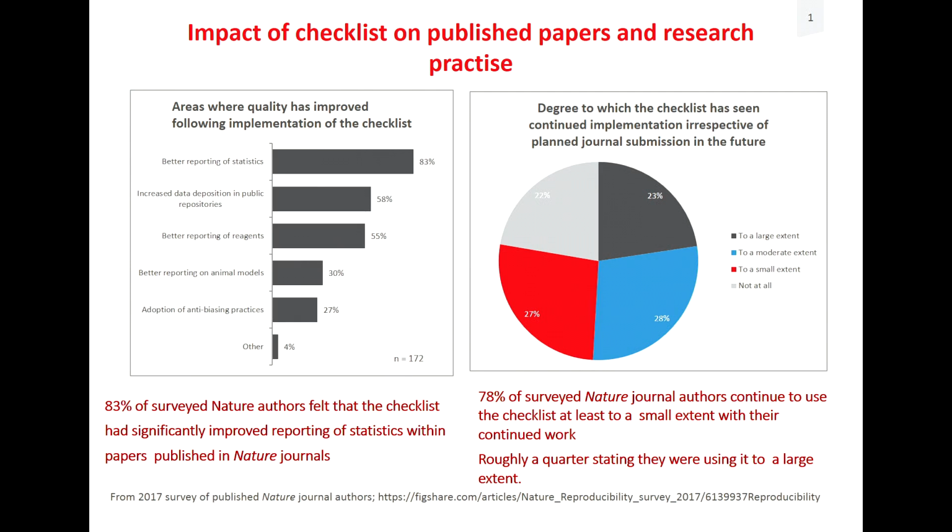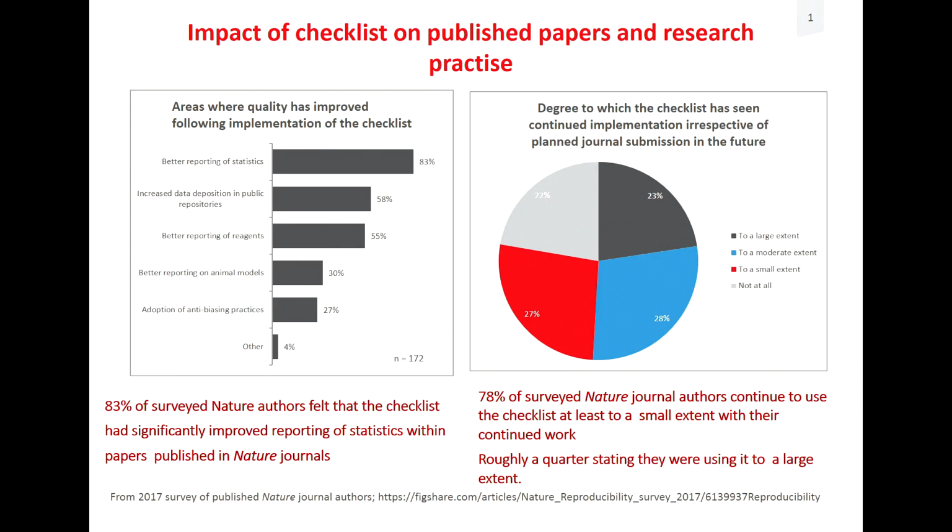But actually, what the survey told us was also that 78% of surveyed Nature authors continued to use the checklist beyond the journal submission and peer review process, in the course of their own work, to at least a small extent.